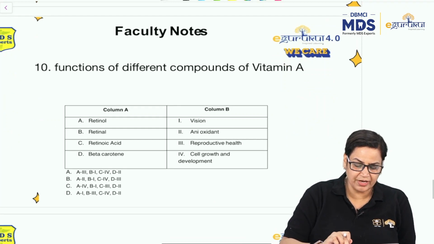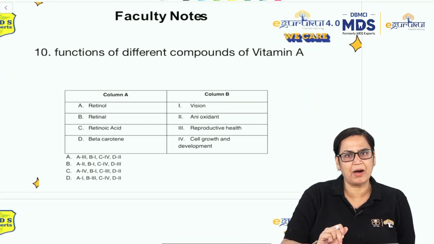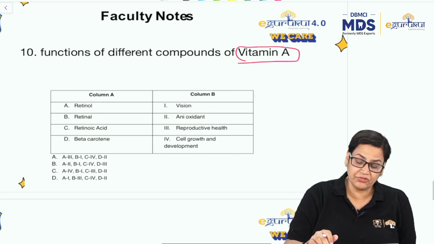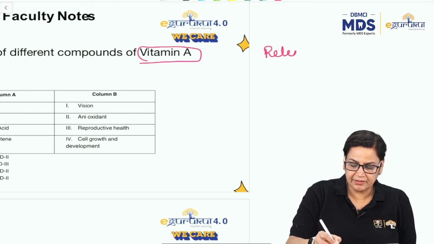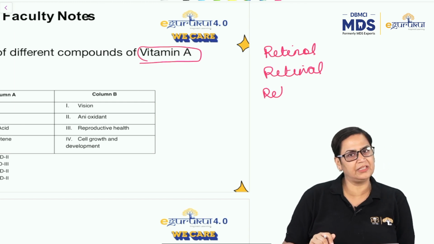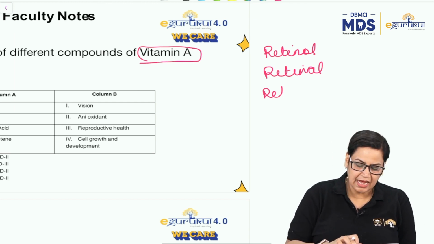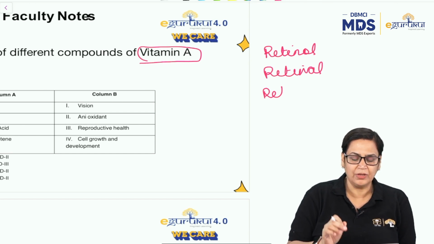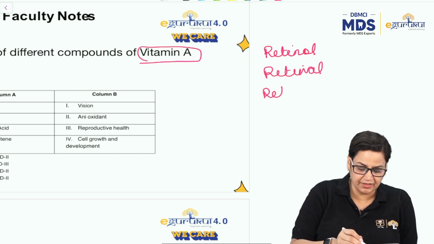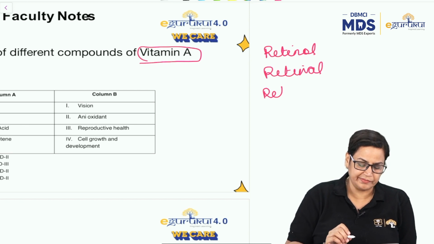Moving on to the last question, functions of different compounds of vitamin A. Now this also I discussed that vitamin A has 3 forms, सबसे पहले retinol, then retinal and retinoic acid. I told you all the 3 forms are interconvertible with respect to one another. ठीक है? Now coming over to the functions, this also I told you, whenever we talk about retinal, al means it is for vision. Al is for vision.